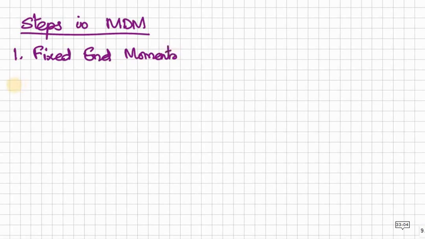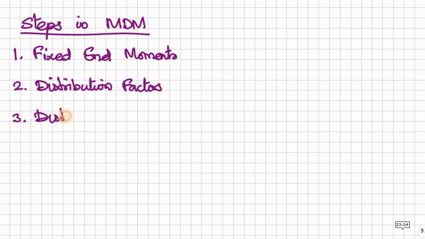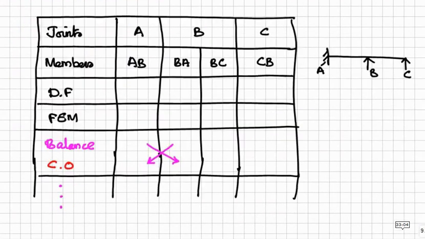Next we have to compute distribution factors at each interior joint. So once we have fixed end moments and distribution factors, then we can formulate a table called a distribution table, in which we will do all the balance and carryover processes.